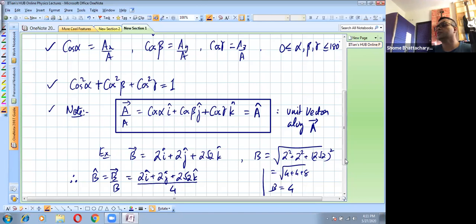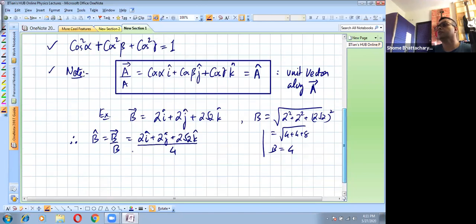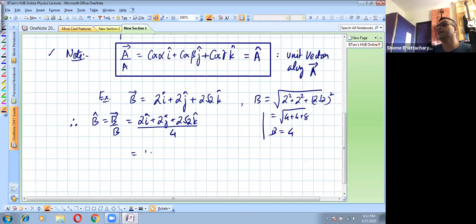This quantity becomes 1 by 2 i cap plus 1 by 2 j cap plus 1 by root 2 k cap, which is the unit vector along b.